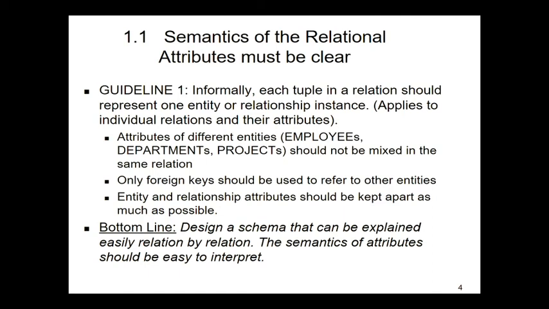No. You put it where it makes the most sense. Design a schema that can be explained easily by the relation. So again, semantics. Semantics is the meaning. The meaning of the attribute should be easy to interpret. And where should we be able to find all of this stuff? In the data dictionary.